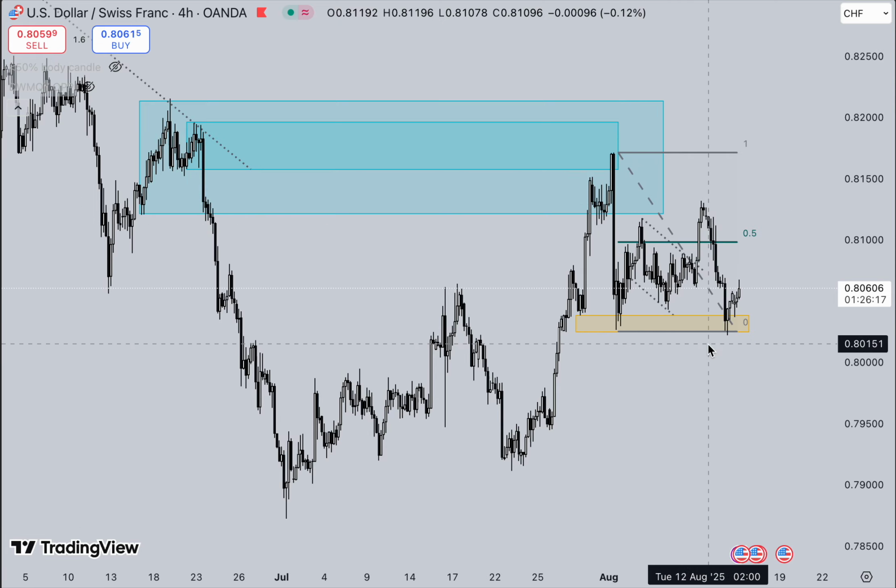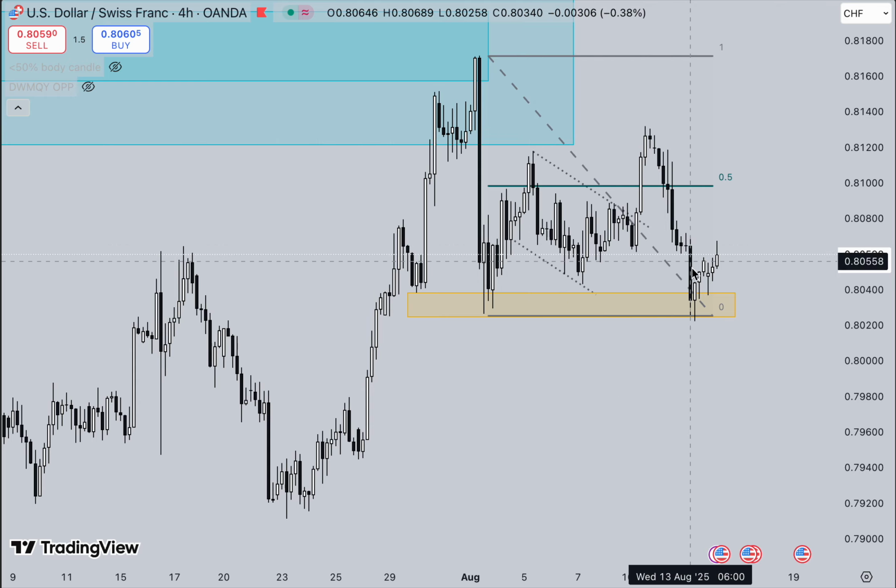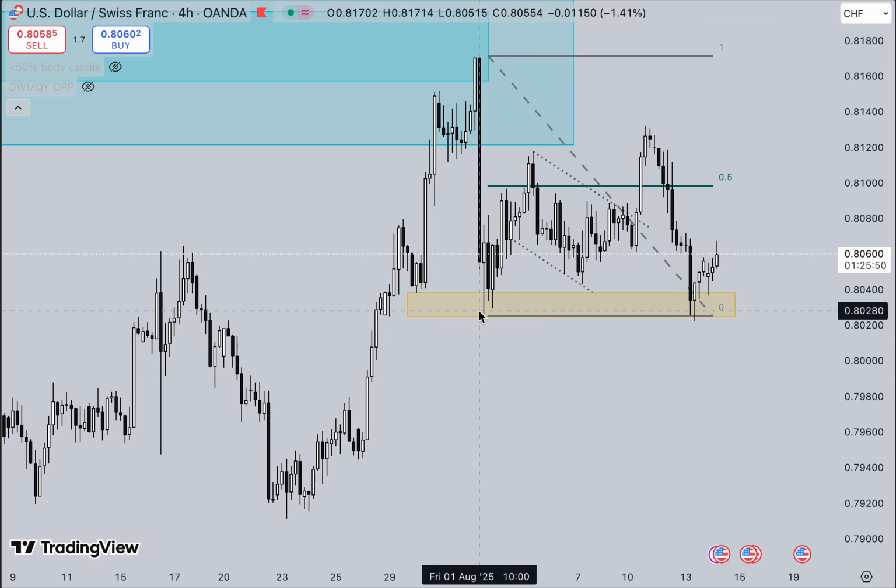So push down causes consolidation. Now we're in this channel, so we pushed up, grabbing all this liquidity, coming to respect this supply level, tapping into it, and then that caused this push down. Now we're at the bottom of the range.